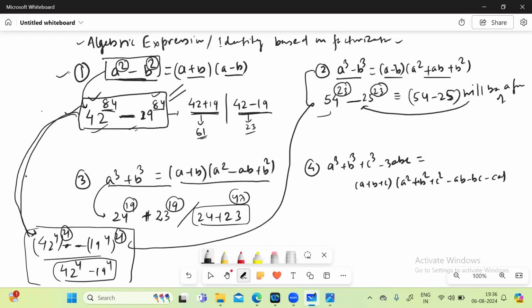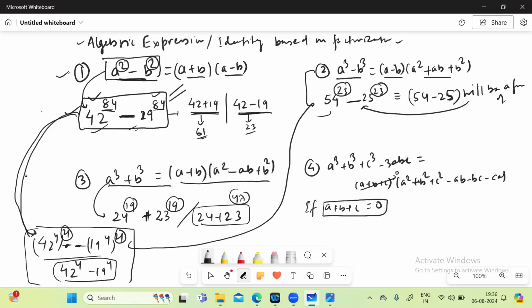Here with the fourth formula, you don't have such generalization, but there is a very interesting thing that you can observe. If A, B, C are not of the same sign and A plus B plus C is equal to 0, then the entire right side will be 0.